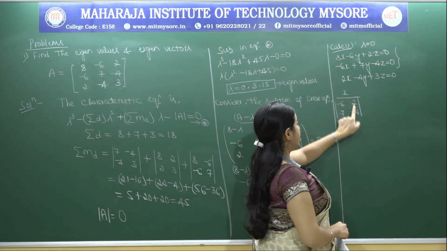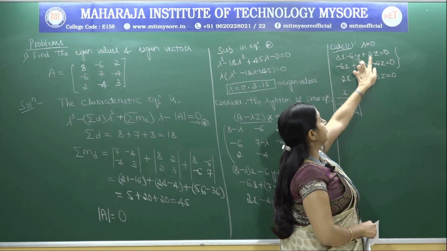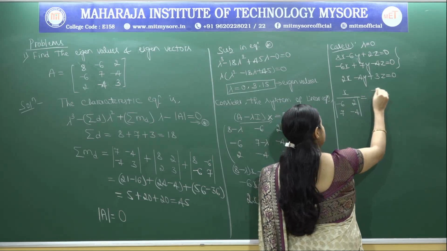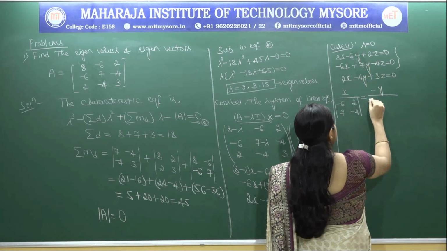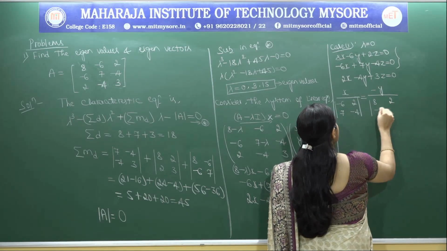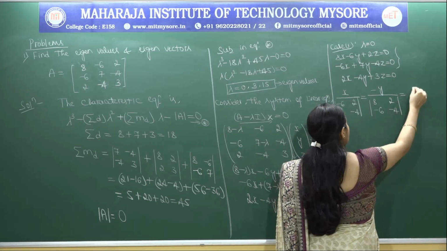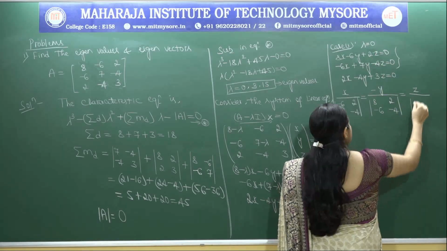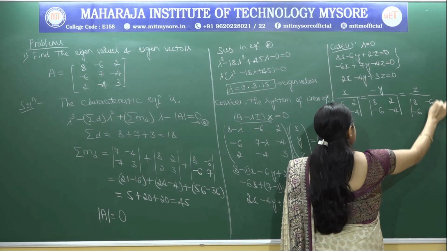For the y term, I just write minus y: delete this column and take the remaining terms 8, 2, minus 6 and minus 4. The third one, z divided by, delete this: 8, minus 6 and 7.